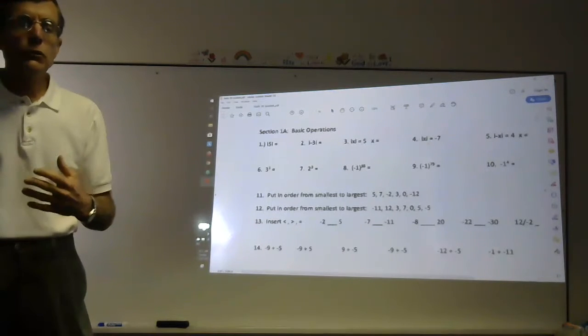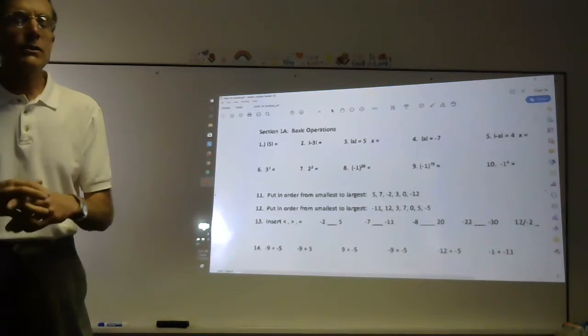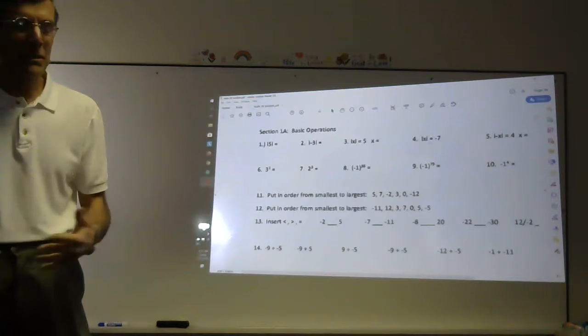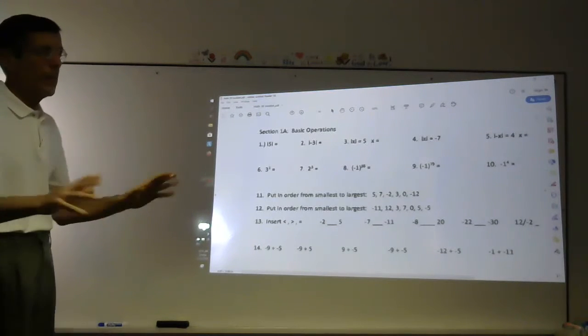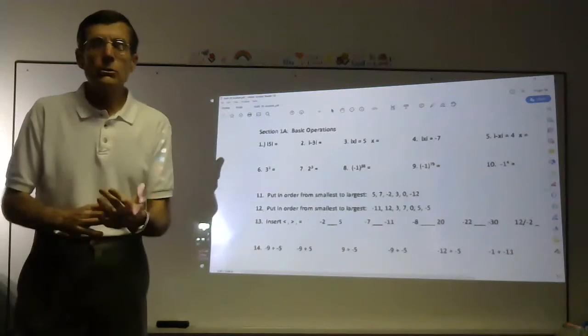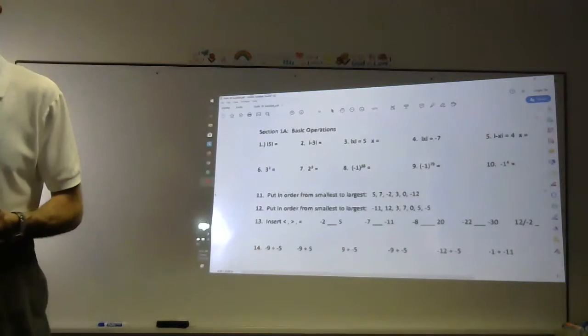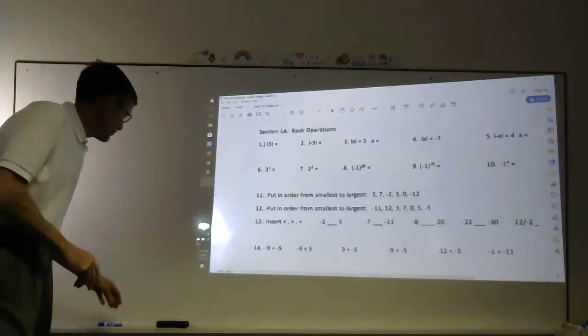And then you will have 2 pages for homework, okay? That will be either given to me the next class period, or if you're online, you'll be taking a picture of it and emailing it to me, okay? So that's what you're going to be graded on. You will have homework every day, plus you also have a midterm, and you also have a final. All right, so let's get started.